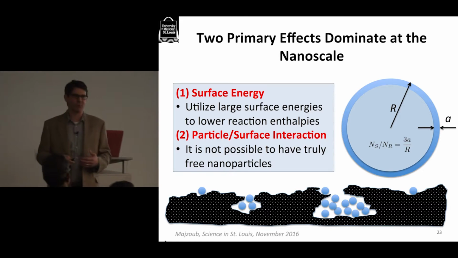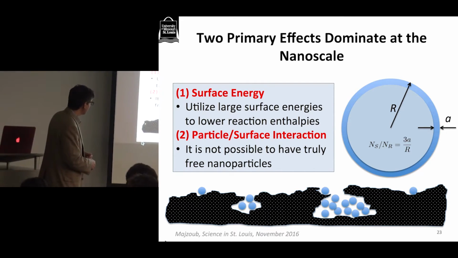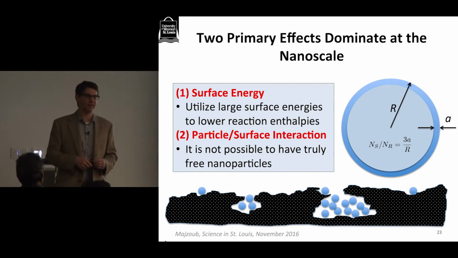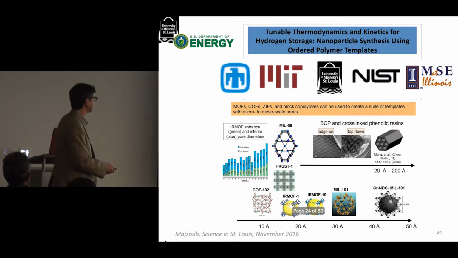I'm going to show you what we make in our laboratory, which are carbon frameworks. In our carbon frameworks, there's a lot of surface area, so there are a lot of little ridges and edges in our carbons. And in those little spaces and ridges, we put nanoparticles, and those nanoparticles are then in contact with these carbon materials, and that allows us to really change the properties of these hydrides.